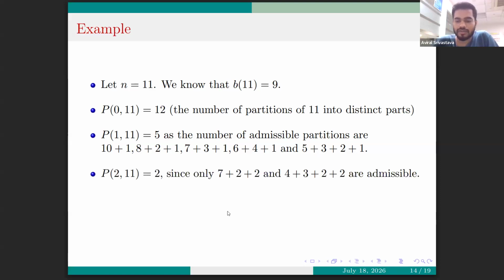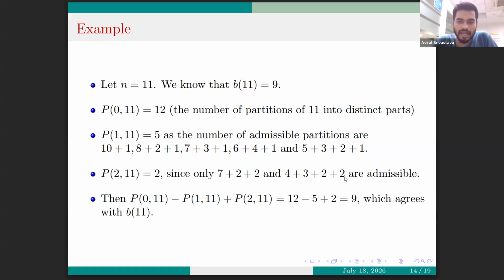And p_2(11) is where 2 is the smallest part and 2 can repeat 2 times. The only admissible partitions are 7 plus 2 plus 2 and 4 plus 3 plus 2 plus 2. And as the last theorem says, if you sum these you will get 9, which is actually B_11.